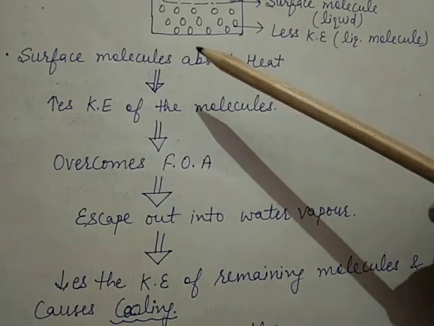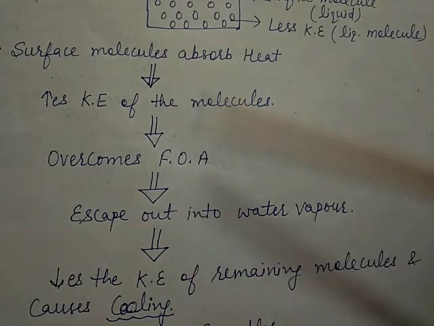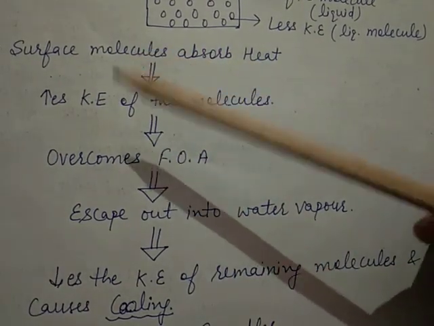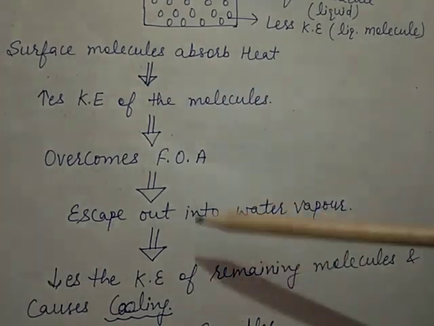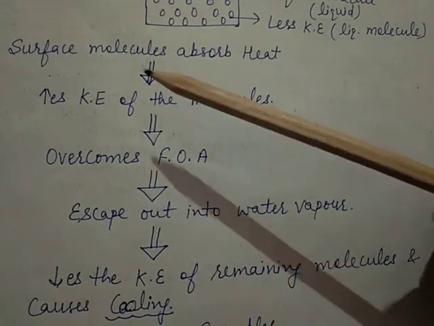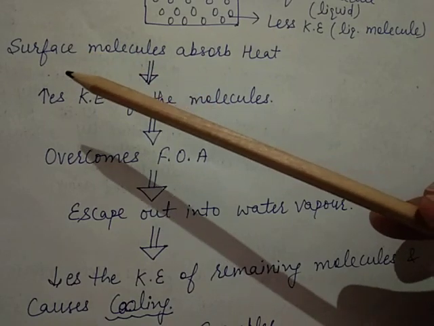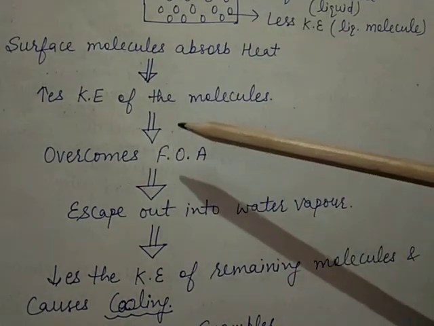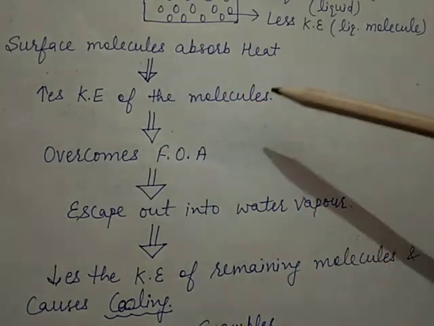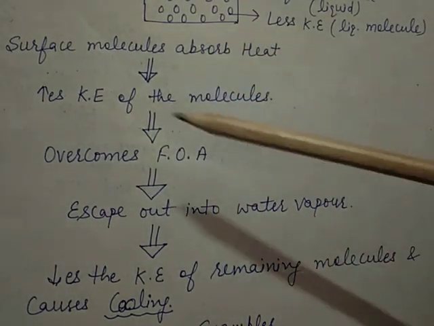Now, evaporation causes a cooling effect, as seen in this flow chart diagram. It means when the surface molecules absorb heat, the kinetic energy of the molecules increases, meaning randomness increases.